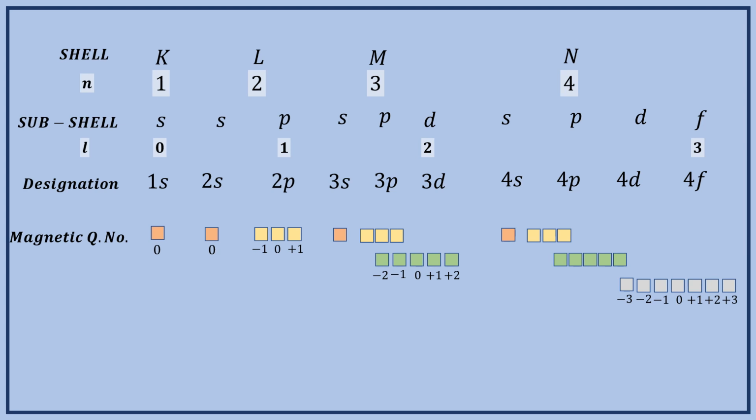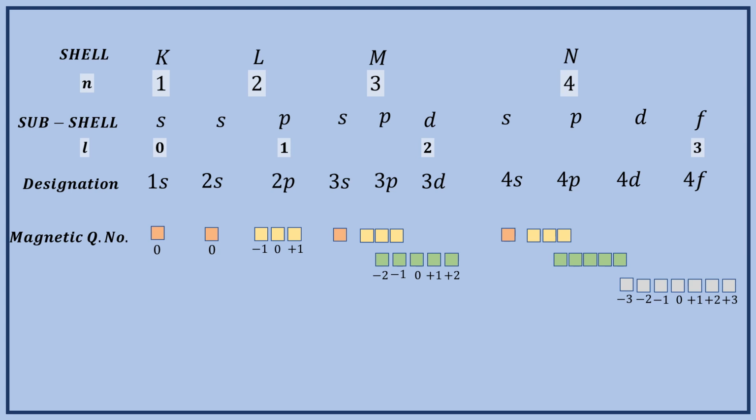And we have 3 orbitals in P subshell which are identified by magnetic quantum number -1, 0 and +1. Similarly, the 5 orbitals of D subshell are distinctly identified by magnetic quantum number starting from -2 and going till +2. And the same goes for F subshell as well.